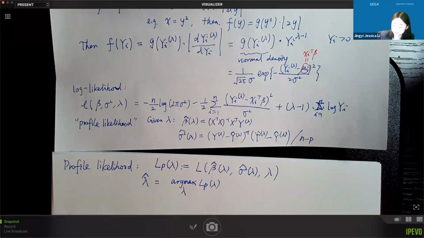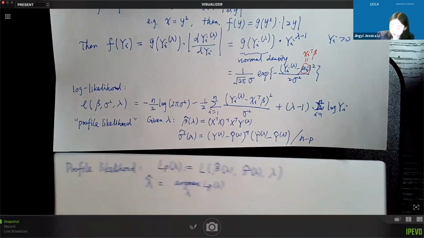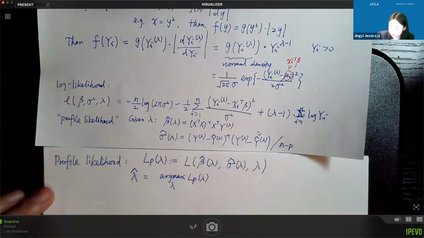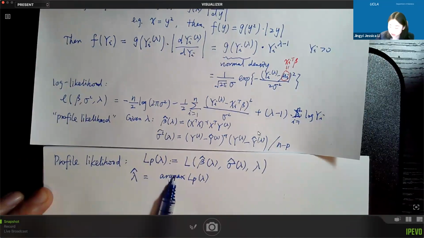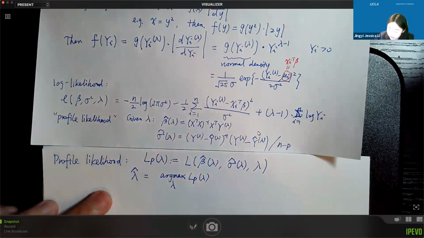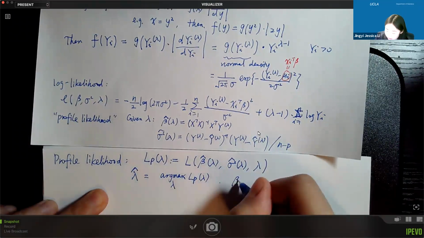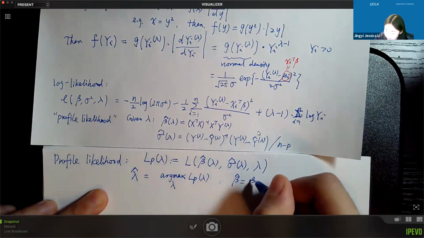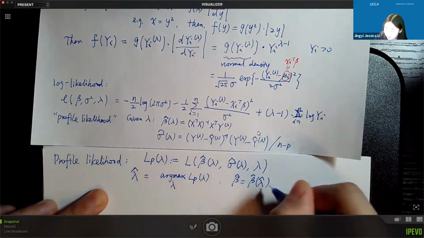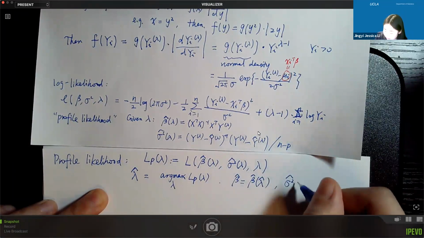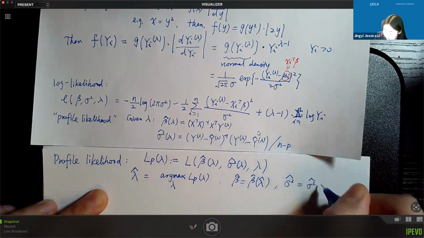That's the solution. And then the question I have for you is, if we use this profile likelihood approach, then beta hat will be set as beta hat at lambda hat, and sigma squared hat will be set as sigma squared hat at lambda hat.